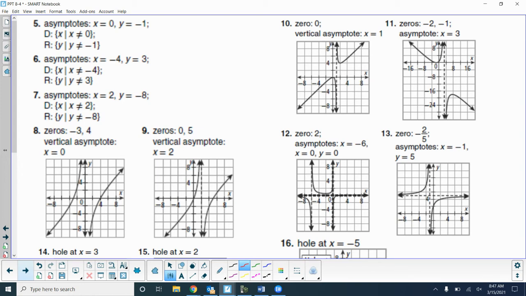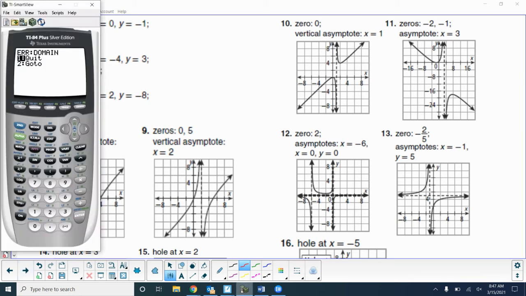Okay, so you're going to go to your y equals, right? So let's look at number 10. Number 10 was x squared over x minus 1. So x squared over, and I told you to put that bottom part in parentheses.